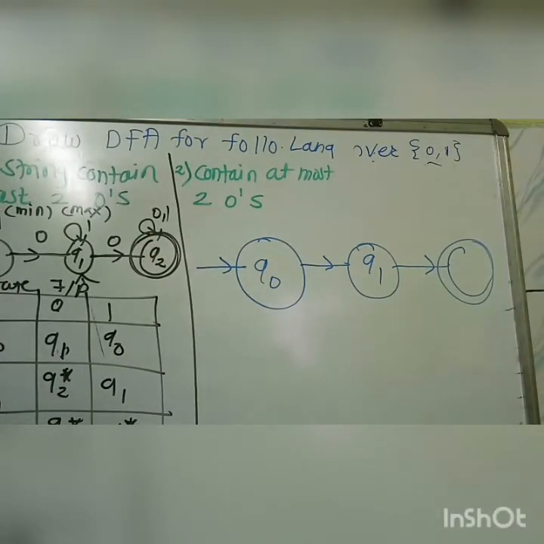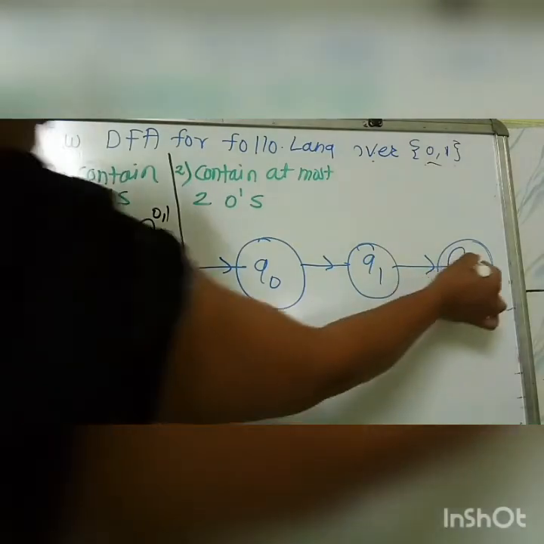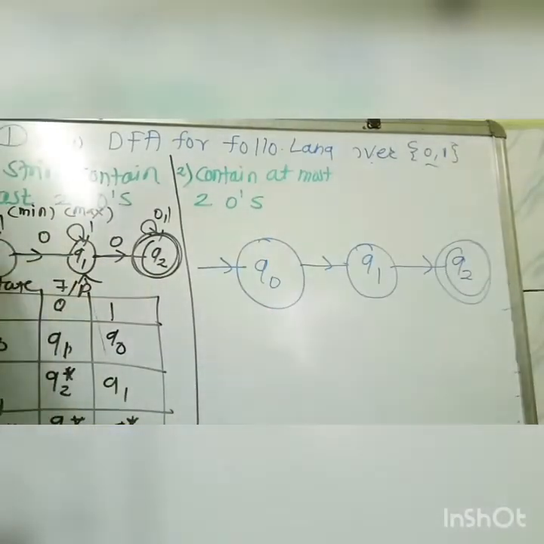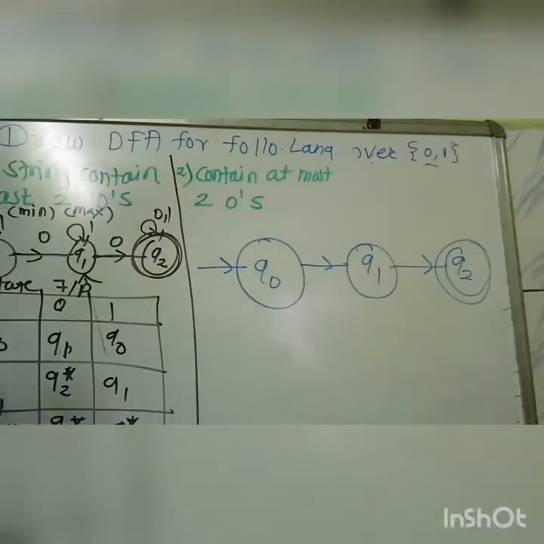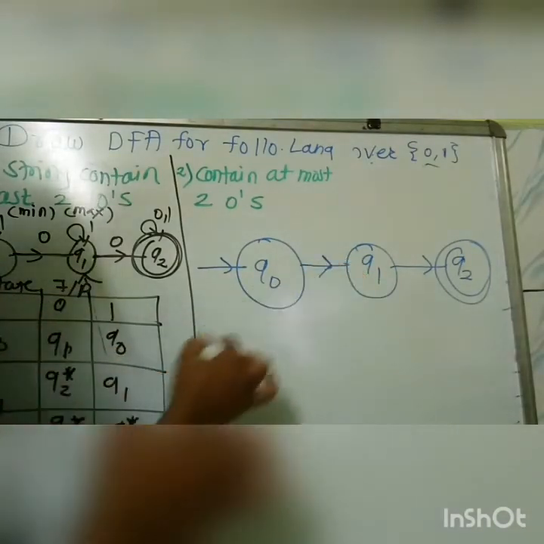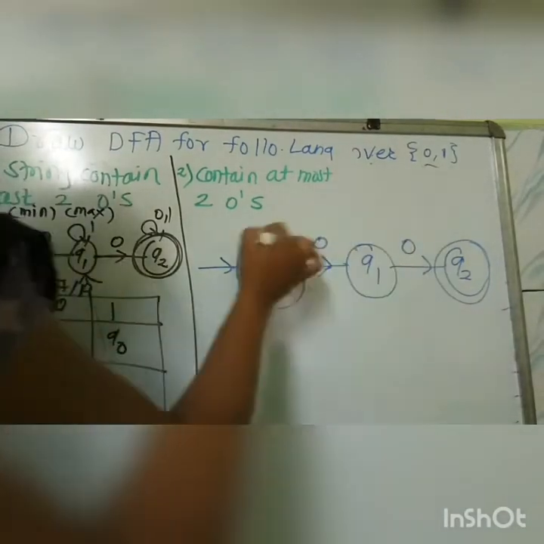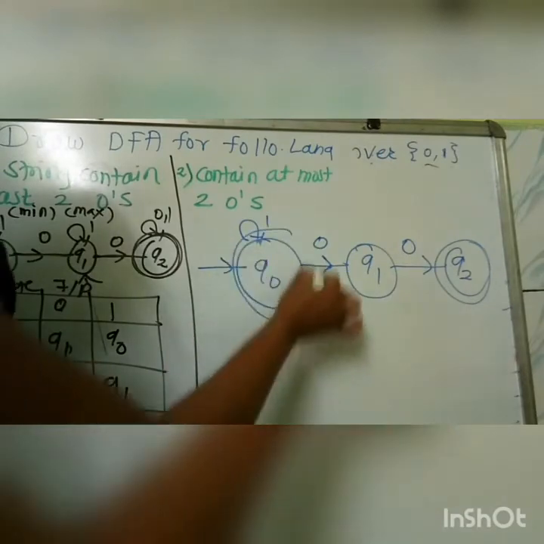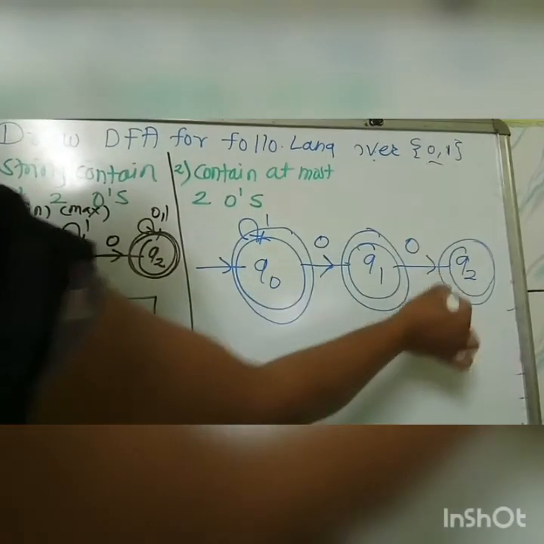What was the final state? That was Q2. But while designing for at most, you can accept the minimum also, so double circle the middle states also.